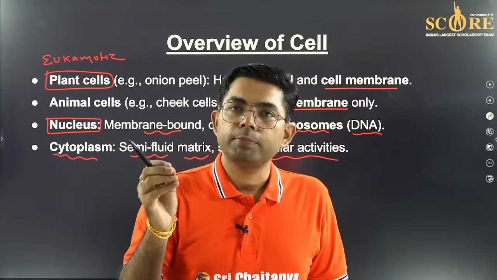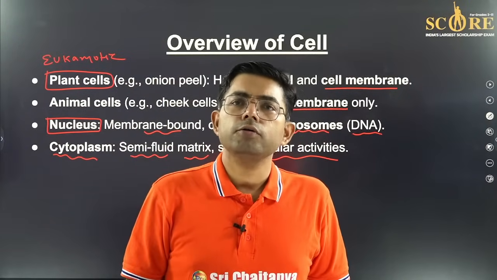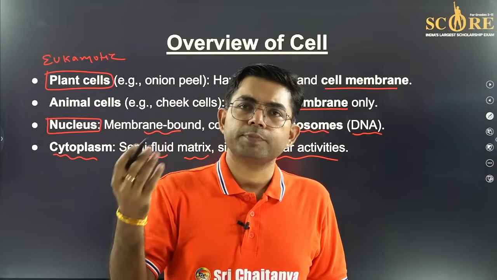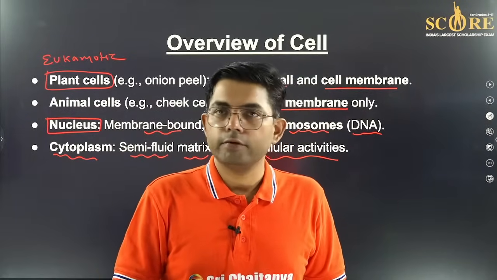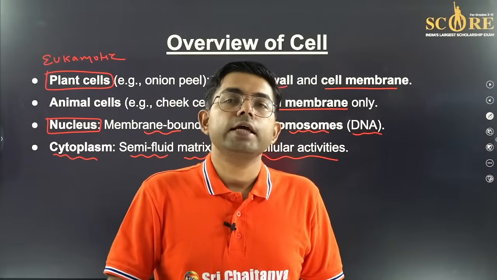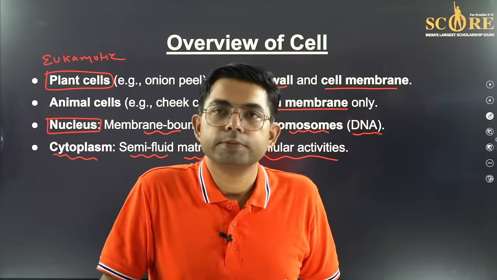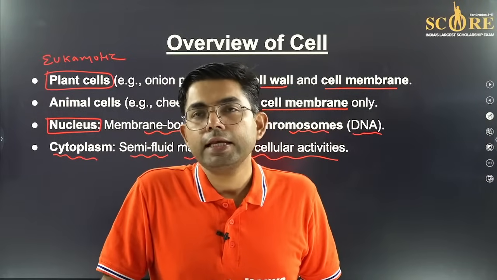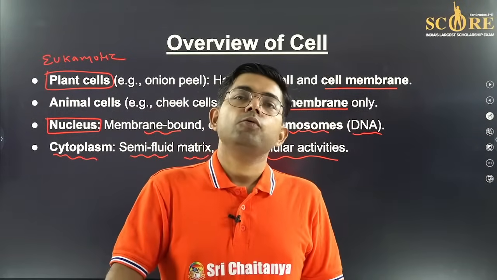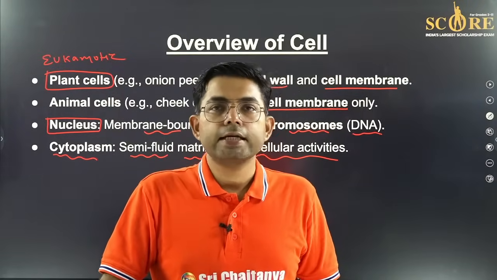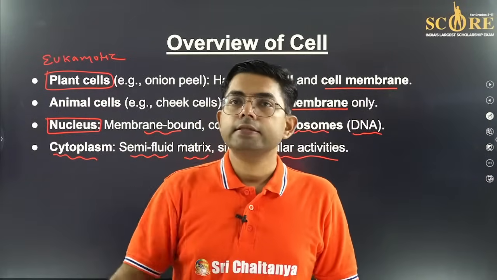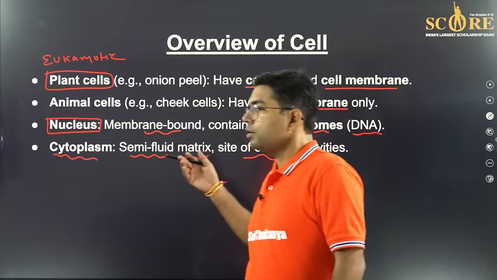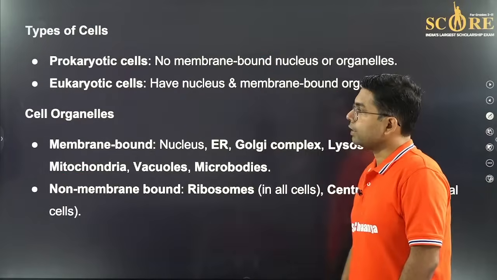Cell wall is only present in plant, or you can rather say cell wall is present in plant and other organisms also, like bacteria. We will see it in a while, but we can clearly say that animal cell totally lacks cell wall. Nucleus is present inside the cell, but only in the eukaryotic cell. And then cytoplasm, it is the site of cellular activity.